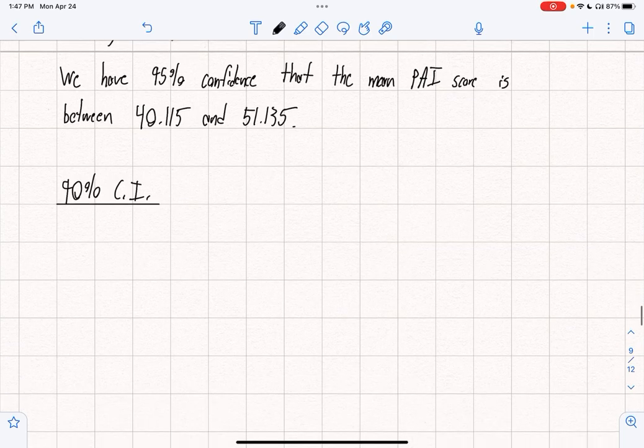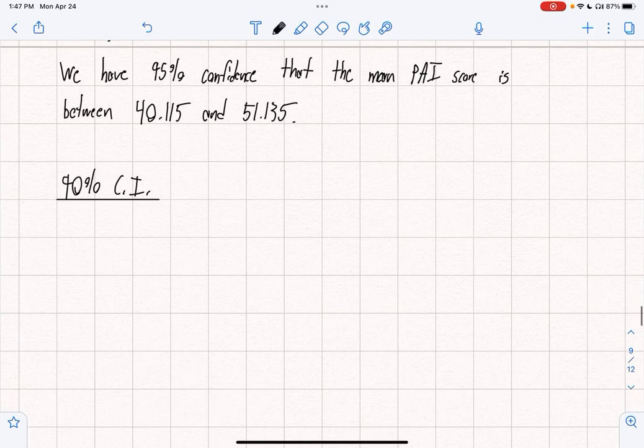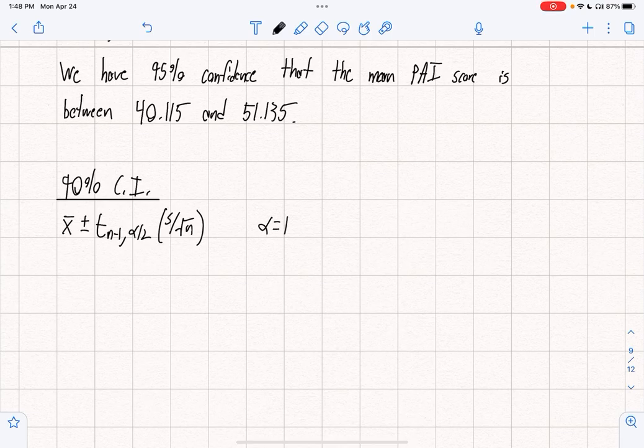I would recommend pausing the video and working this out on your own. But okay, let me go ahead and do this. So x bar plus or minus t with n minus 1 and alpha over 2, times s over root n. The only thing that's changing here is our confidence level, so we're just going to get a new t value. Now alpha is 1 minus 0.9, which is 0.1, and so alpha over 2 would become 0.05.